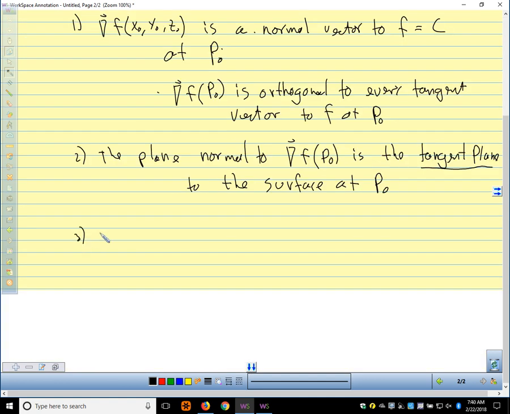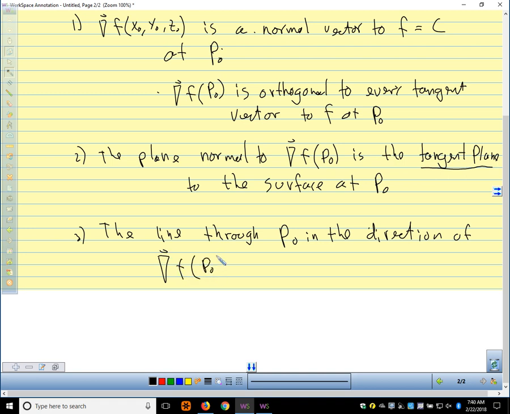And then we can also say the line through p0 in the direction of del f is the normal line to the surface.